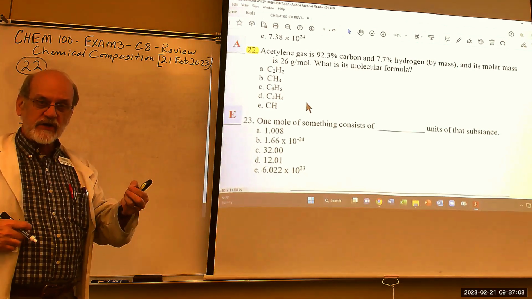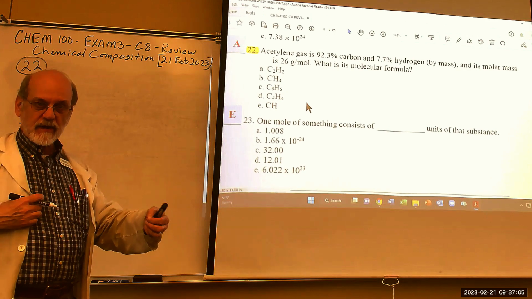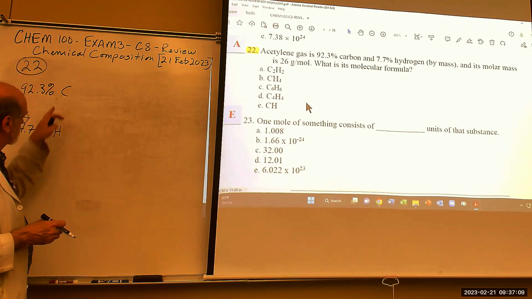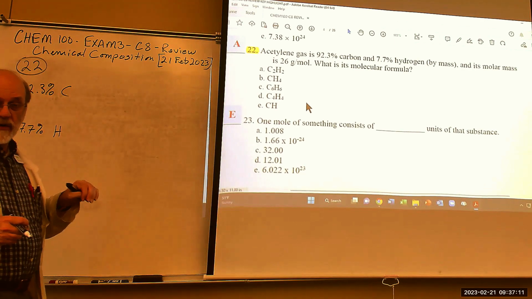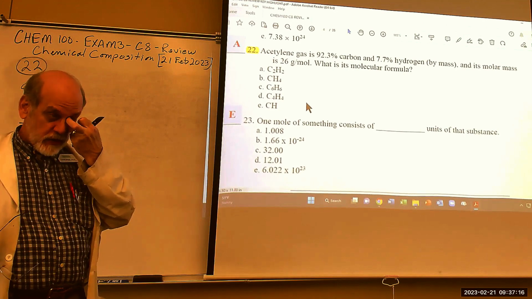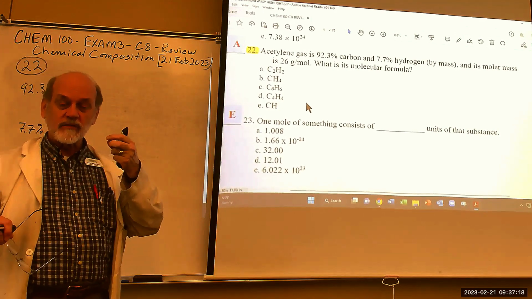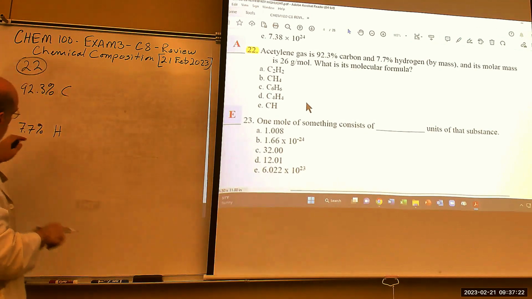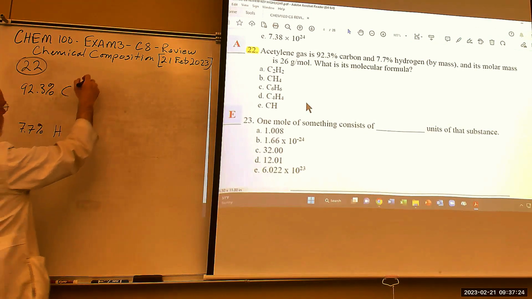Formulas are ratios of atom to atom or mole to mole, numbers. This is mass, so in order to convert mass into something we can use, we need actual mass values, grams. So that's where we assume that we have a 100-gram sample.